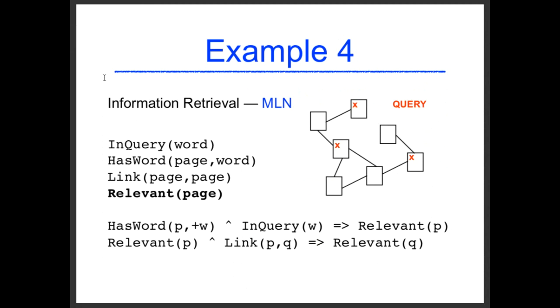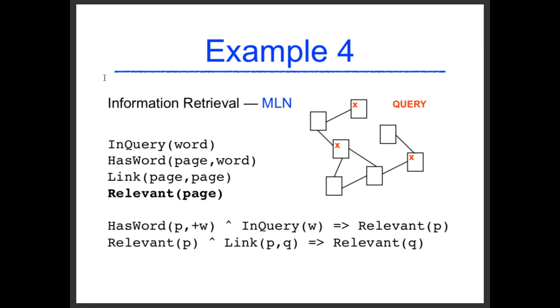Here you want to do, for example, information retrieval, okay? So you have, again, pages, same as before: a page has a word and there is a link between pages. And also you have a query, so a word appears in a query. The target predicate is to say whether a page is relevant or not.